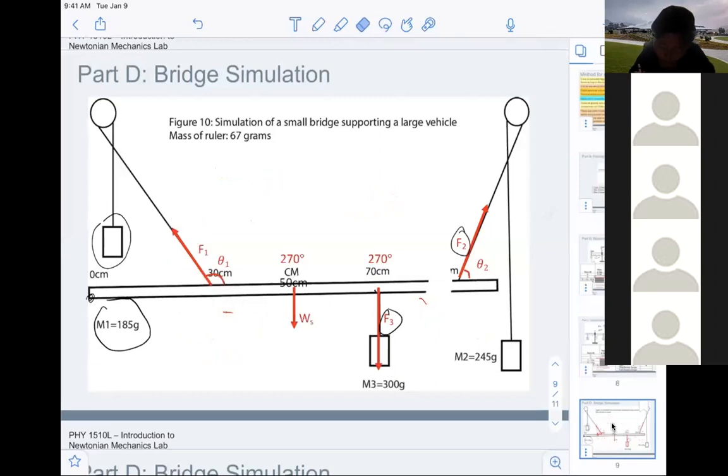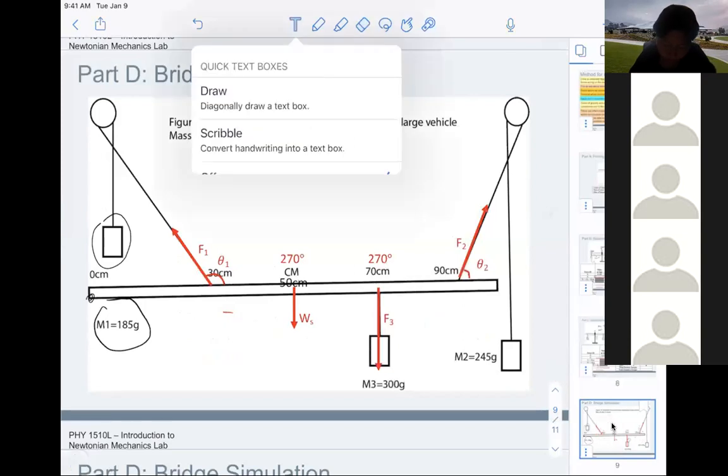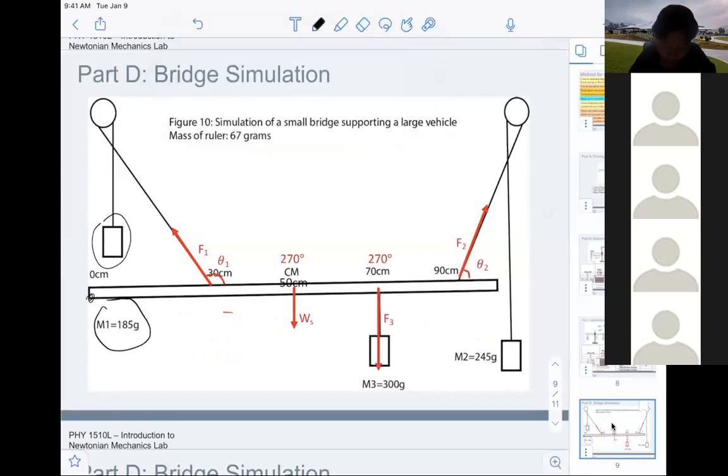So how many forces are there? In this bridge, we're trying to balance this bridge, and we have 1, 2, 3 forces we have to consider. The bridge, so the meter stick itself has a weight, so that's one of the forces. There's another hang weight, M3, that's one of the forces.